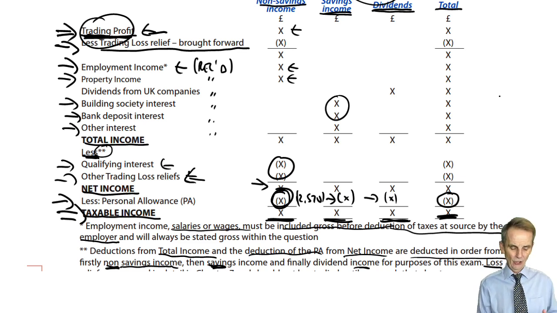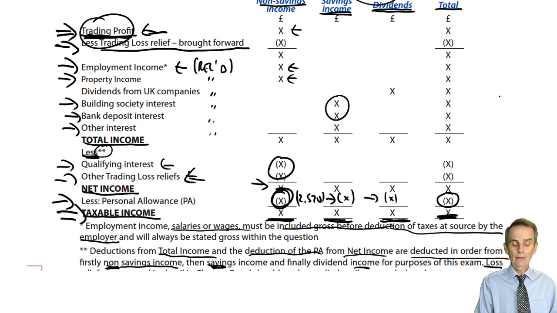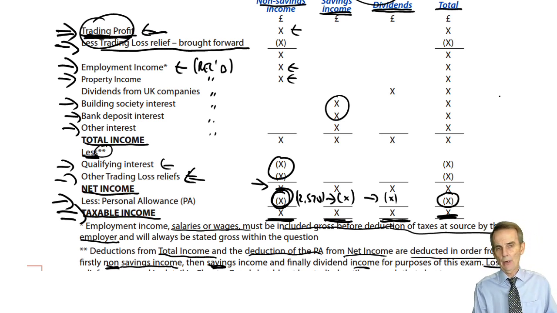Clearly, the detailed structure won't be necessary on a Section A objective test question, but if you've got a Section C question, which you may, that asks you to prepare the income tax computation for this taxpayer for our tax year, for us with FA 21, Finance Act 21, the 21-22 tax year, then you need to know this structure.